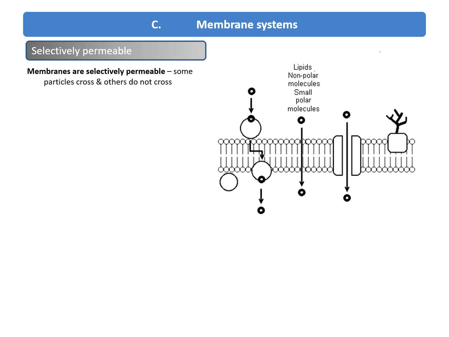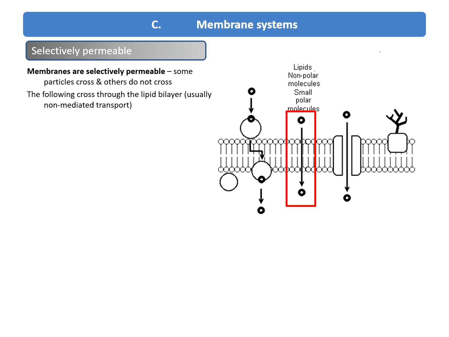Membranes are selectively permeable. That is, some particles will cross and others do not cross. The following cross through the lipid bilayer, usually forms of non-mediated transport. They include lipids, because after all, lipids easily dissolve in the lipid bilayer. Remember, likes dissolve likes.